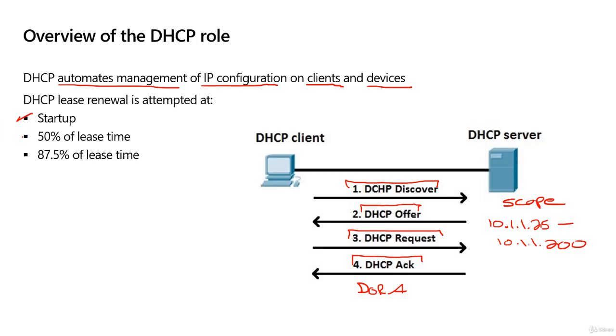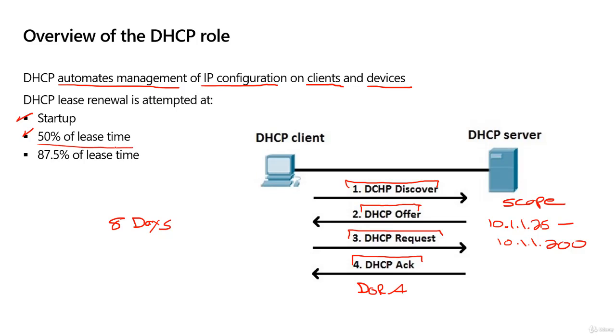If 50% of the lease time has lapsed, it will actually renew the address. Now, we'll create some DHCP scopes, but when you create a scope, the default time a scope leases an address for is 8 days. Now, you can set it to whatever you want, but it's 8 days by default. So what happens when this is 50% expired, so 4 days, your client will automatically renew the same IP address it already has.